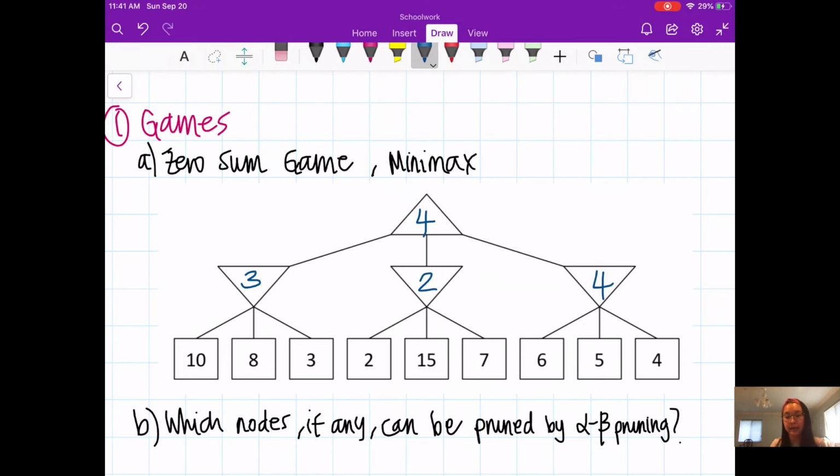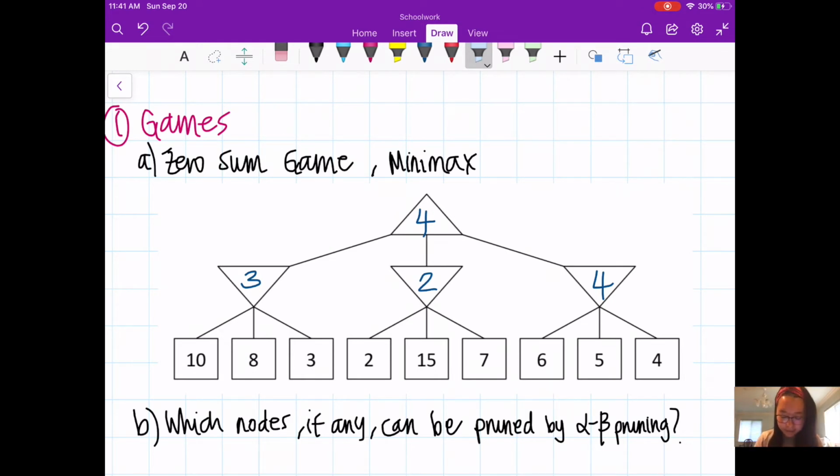Cool. So now let's look at part B. Part B asks if any nodes can be pruned via alpha-beta pruning. So now let's take that approach and start looking at this tree from left to right. As I said earlier, you cannot prune anything in the leftmost branch because you haven't determined a value yet.